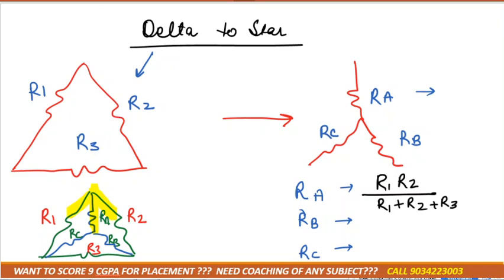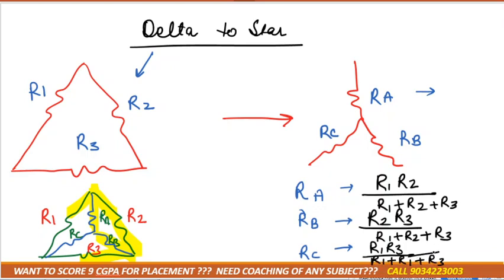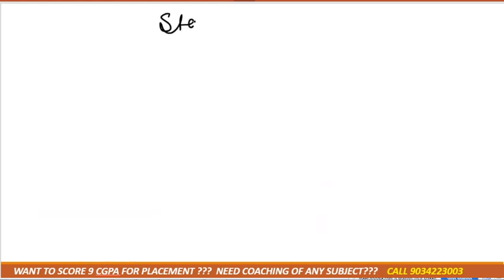Similarly, RB is connected with R2 and R3, right? So its formula would be R2 into R3 divided by R1 plus R2 plus R3. Now you tell me the formula for RC. RC is how much? R1 into R3 divided by R1 plus R2 plus R3. Okay, understood?